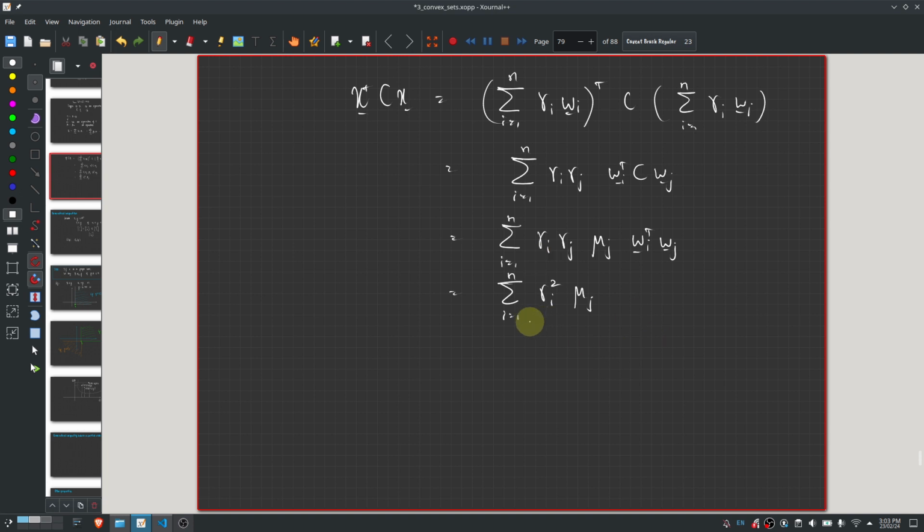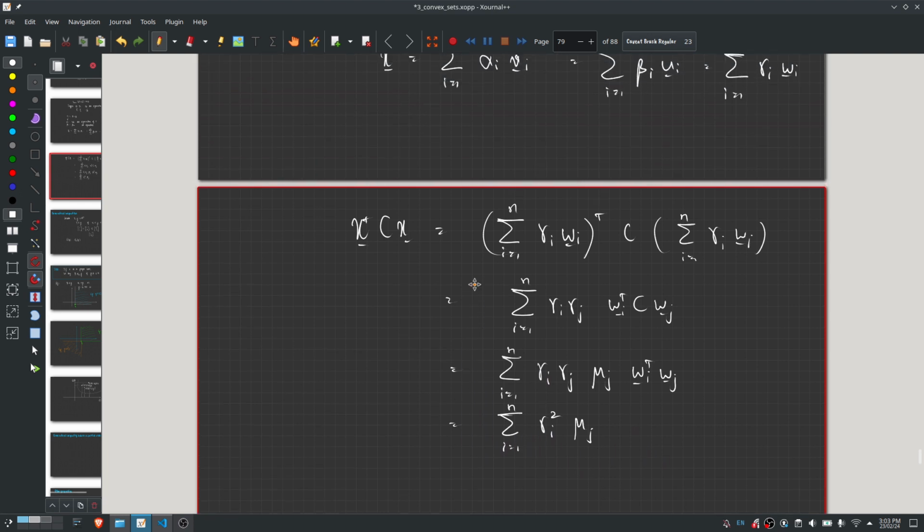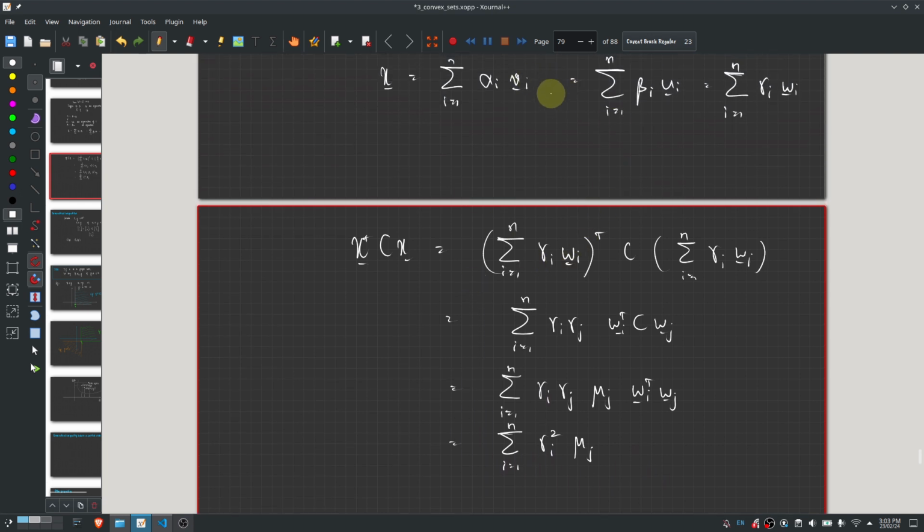So it is the square of the coefficient of the eigenvector times the corresponding eigenvalue. That is what you will get.